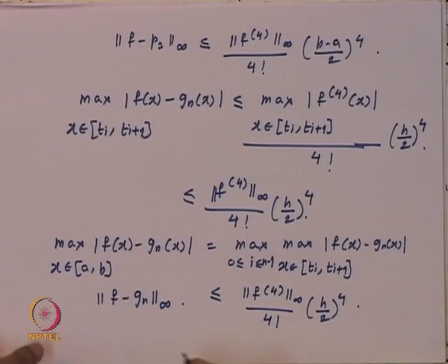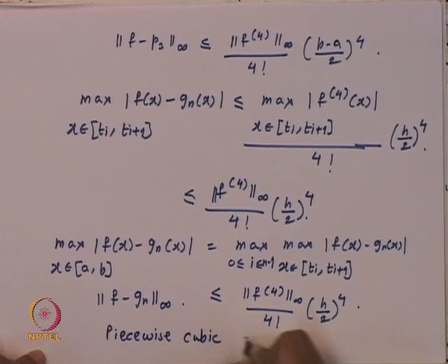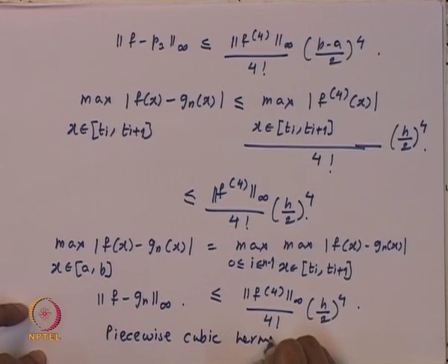This is the error for piecewise cubic Hermite interpolation.